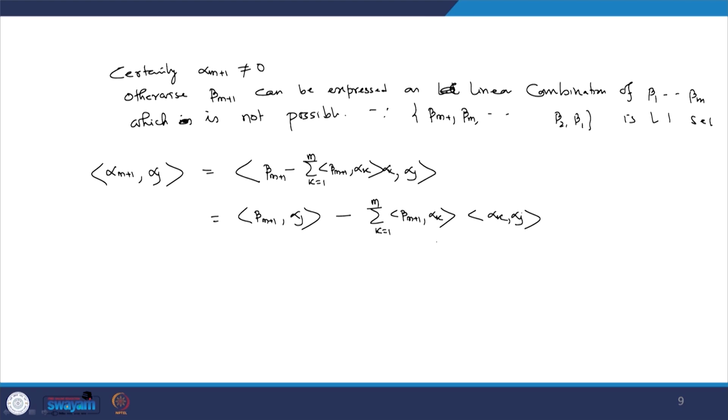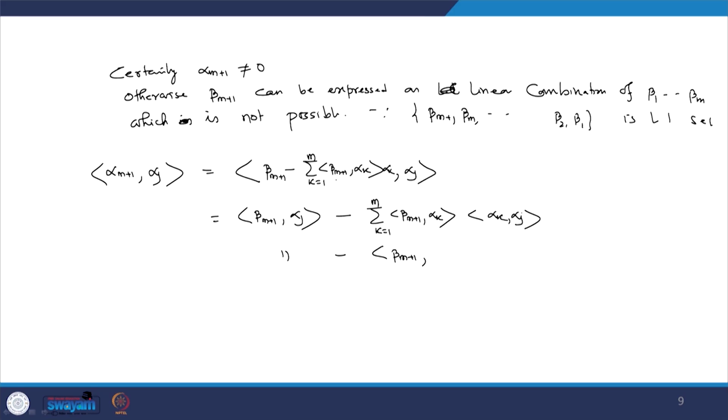Now, for k equal to 1 to m, inner product of alpha k and alpha j will be equal to, so this will be equal to this minus inner product of beta m plus 1, and when you take the inner product with alpha j, except the jth part all will be 0, and inner product of alpha j with alpha j will be there, otherwise it will be all 0.